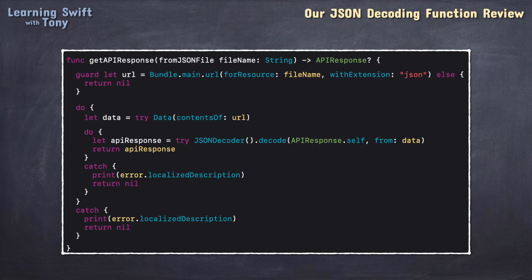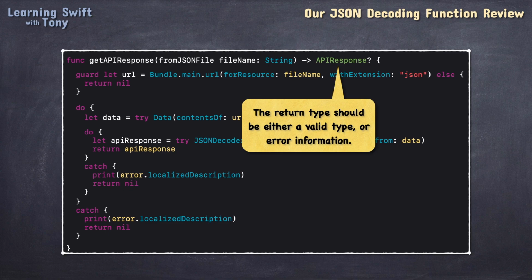It becomes clear that our function should not just return nil in the case of a failure, so an optional return type is not quite what we need here. Instead, our function should return either a valid custom structure or return error information in case of a failure, not nil. And there is a way to combine those two possibilities into a single data type. We will get to that a little later.